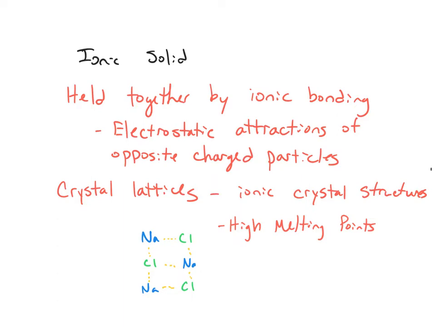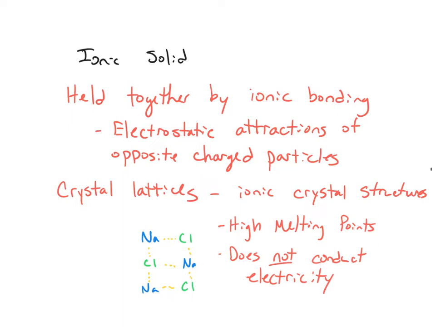But one thing that sets crystal lattices apart from the other types of solids is that it does not conduct electricity in its solid state. And that makes sense because if you think about it, the ions are holding on to their electrons, and so the attraction is just simply a positive-negative attraction between ions, and the ions aren't actually touching at all. Their electron orbitals aren't overlapping to create covalent bonds.